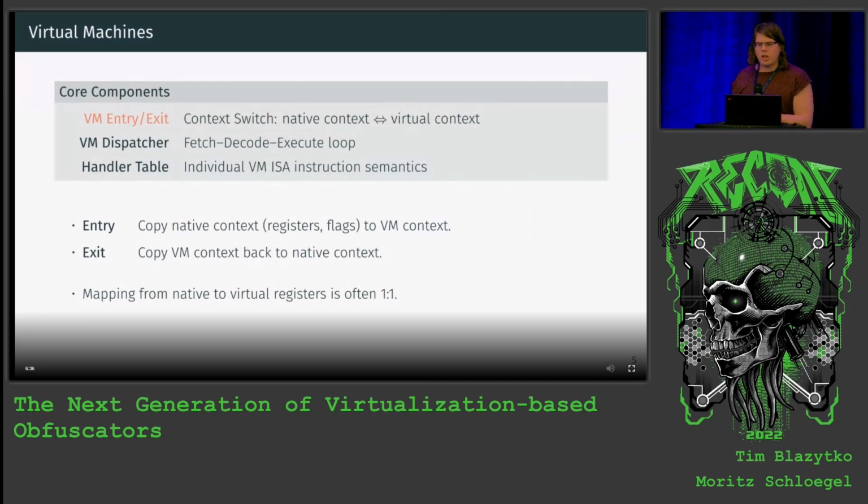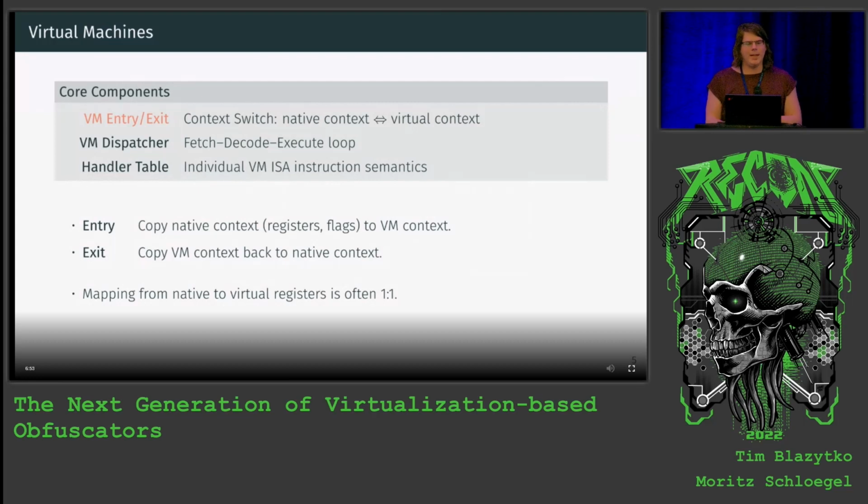So, virtual machines can be understood somehow as function-like constructs which do some obfuscation. Similar to functions which have a prologue and an epilogue, a VM has an entry and an exit.